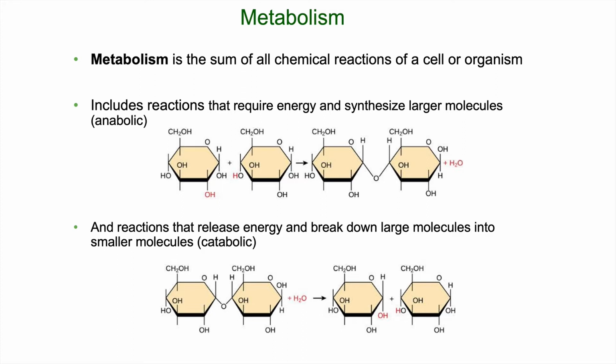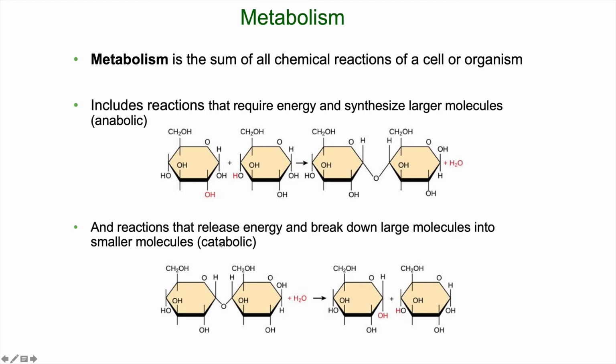This is going to include the anabolic reactions, where we're taking here's two monomers of looks like glucose, and we're going to put them together to build a disaccharide. Okay, we built a glycosidic bond between two monomers. This is maltose, two glucose monomers.